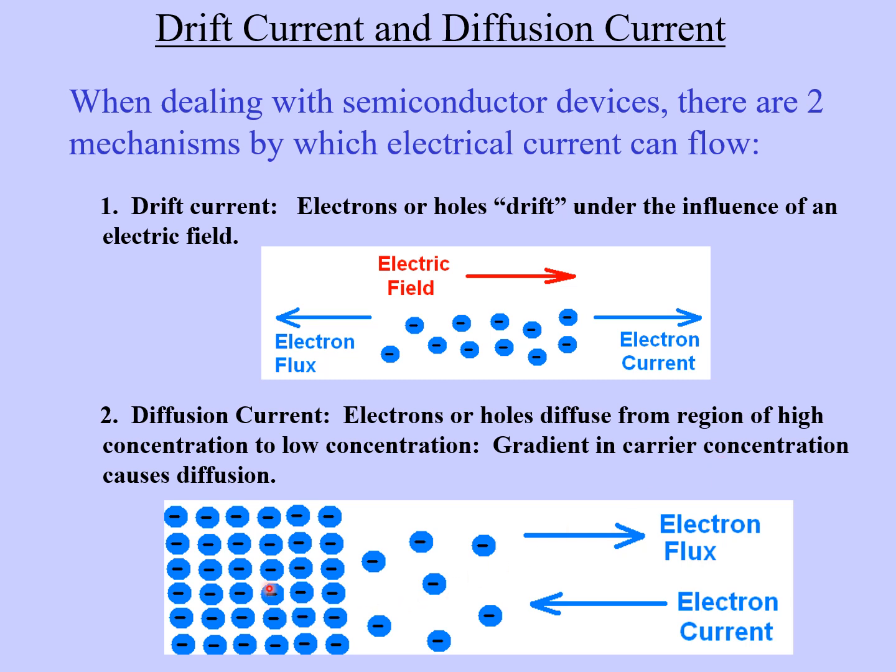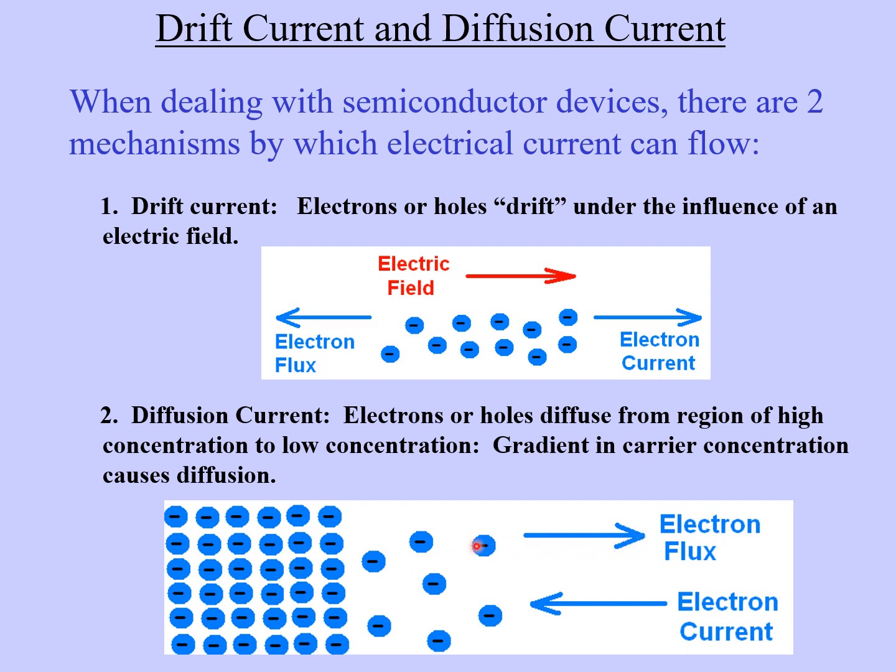In this little diagram here, on the left side, we have a very high density of electrons, and on the right side, we have a very low density of electrons. Now, these electrons are going to be moving randomly, in all directions. But because there are so many more electrons over here on the left, there is going to be a net flux of electrons to the right.